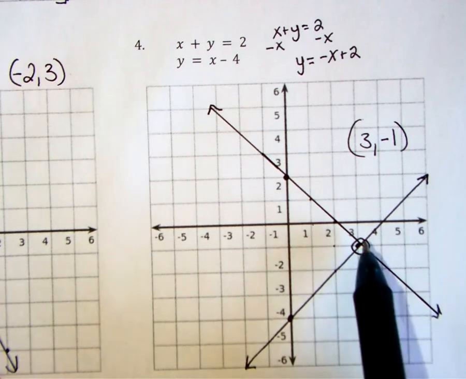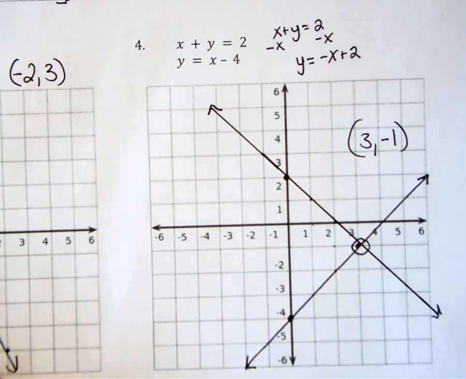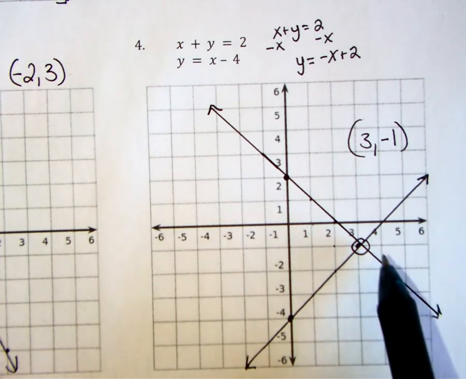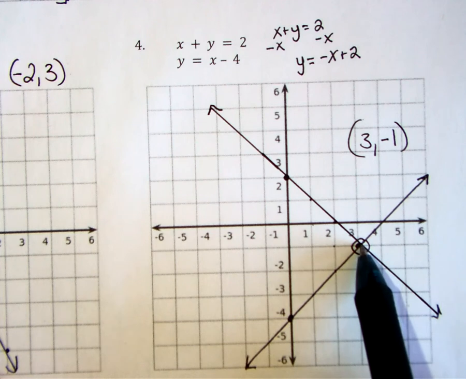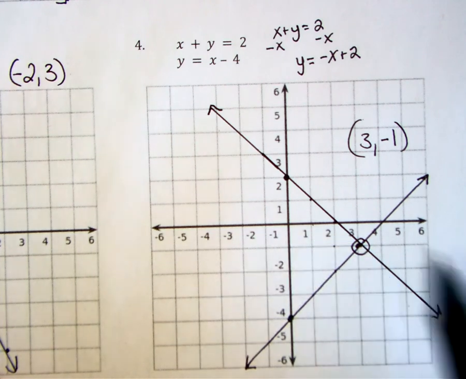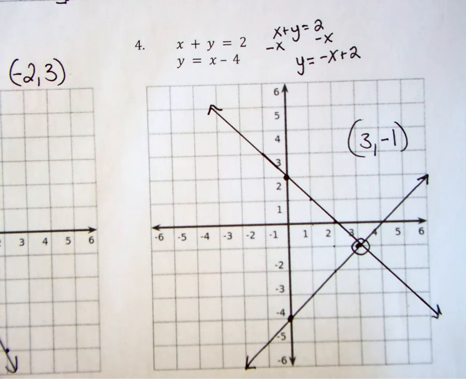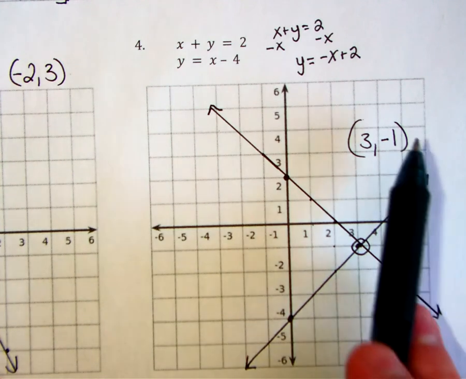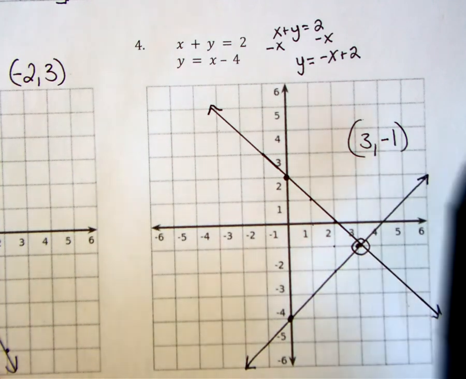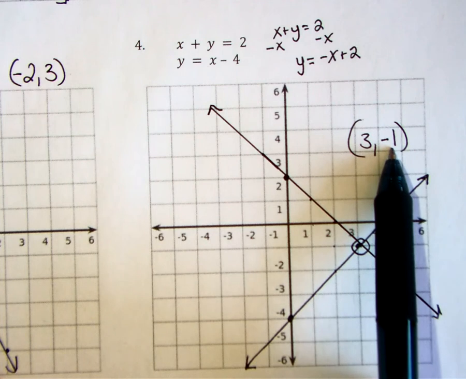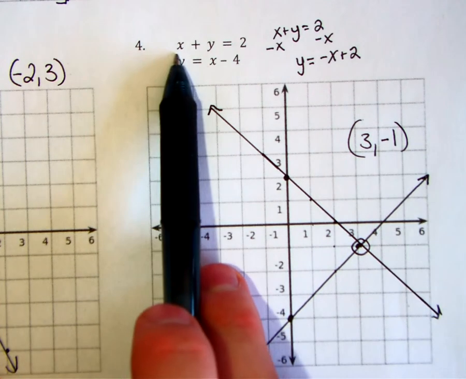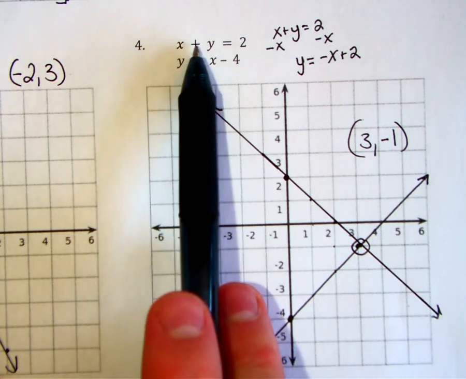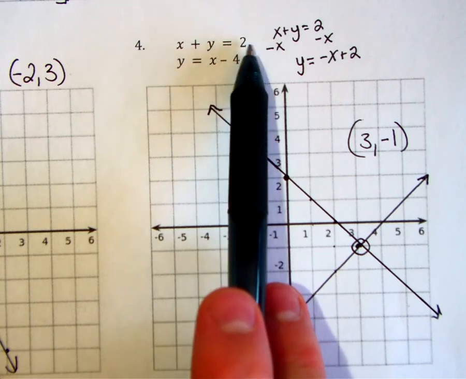Now, I told you that I slightly got my first line off. So when we look at the point of intersection, it looks like it's slightly off of the x value of 3. If we want to check it just to make sure that the solution really is 3, negative 1, we can certainly take that solution anytime we want and plug it back into our equation. 3 plus negative 1 equals 2.